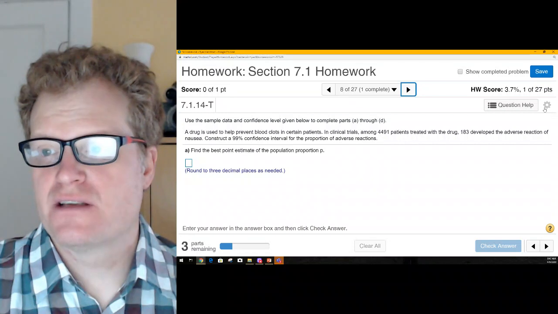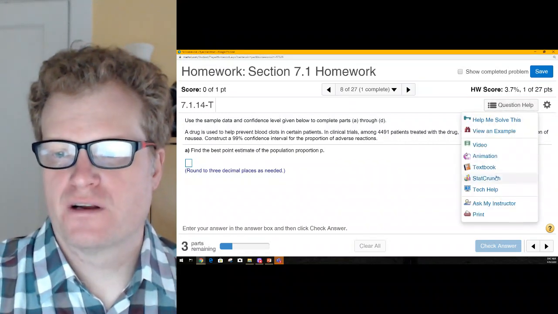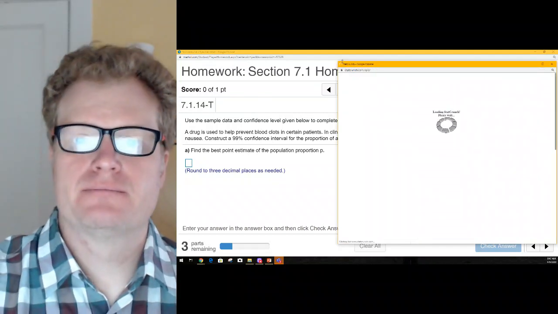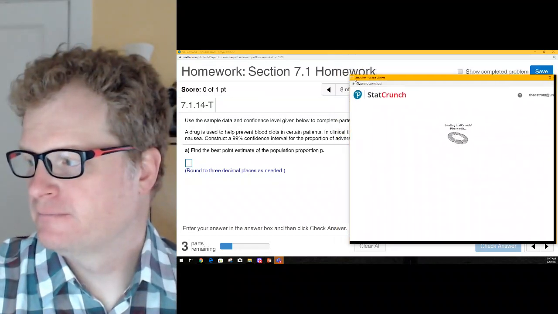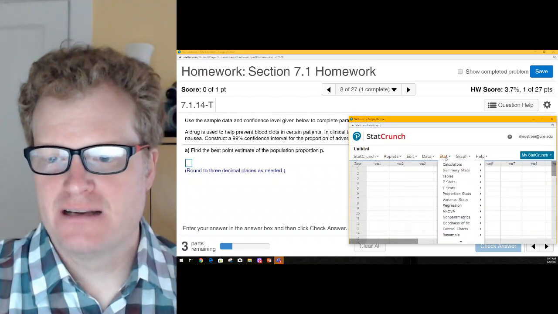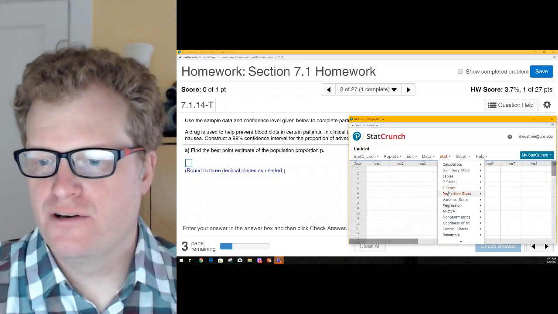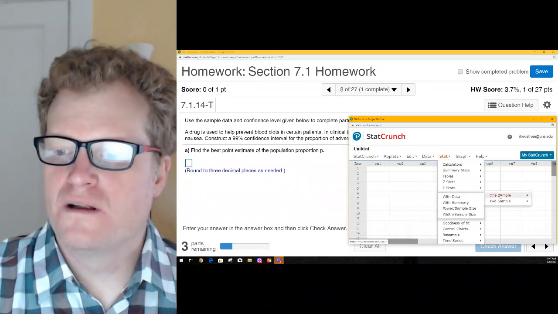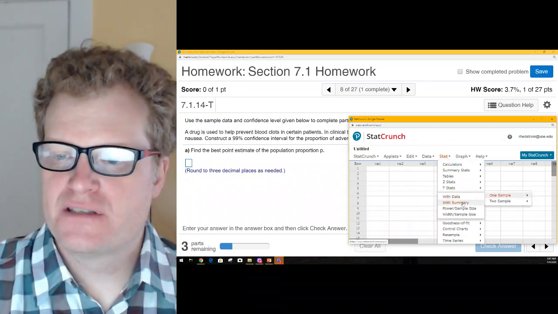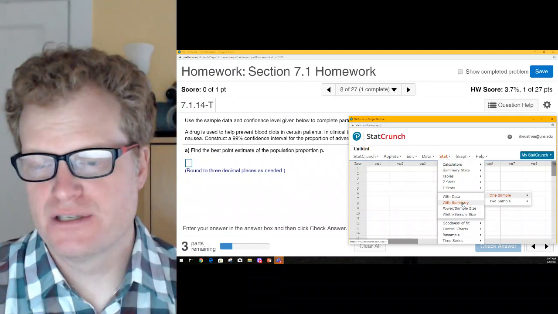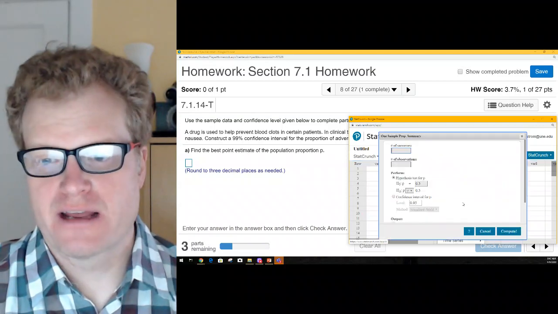So we're going to use StatCrunch to make this happen. I'm going to go to StatCrunch, and then to Stat. This time I'm going to a new menu that I haven't used before: Proportion Stats, One Sample, With Summary. We'll do some data stuff later on, but for right now we're just going to use Summary because we already know the aggregate data.